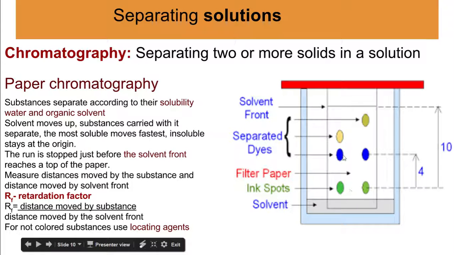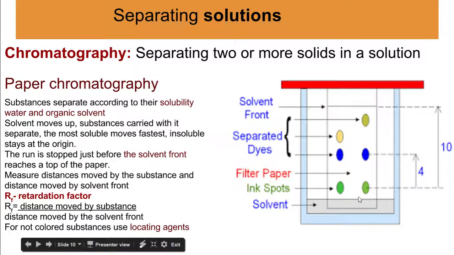Those two ink spots have a dye that is the same, this blue one. Each of them has 2 different dyes, and one of those is the same for both. See, we have measured here the distance from the ink spot to the distance that the first dye moved, and here is the distance from the ink spot to the solvent front.